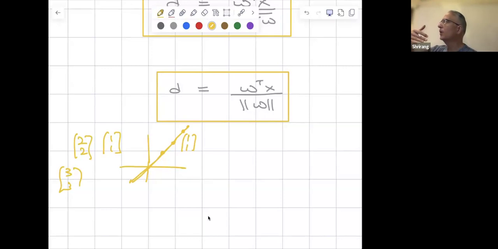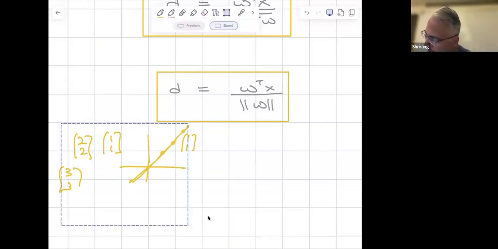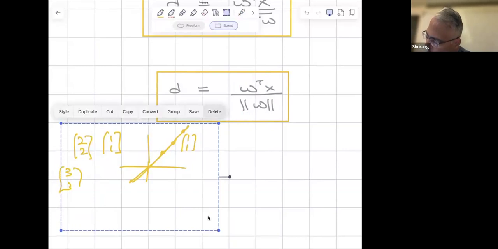So when I'm evaluating different W's, I'm not going to use the actual W, I'm going to use the unit vector that describes W. This W divided by norm of W is a unit vector, and if I take the dot product of that with X, it turns out that is exactly the distance between a point and my plane. Okay, so that's the mathematical foundation that I wanted to start out with.